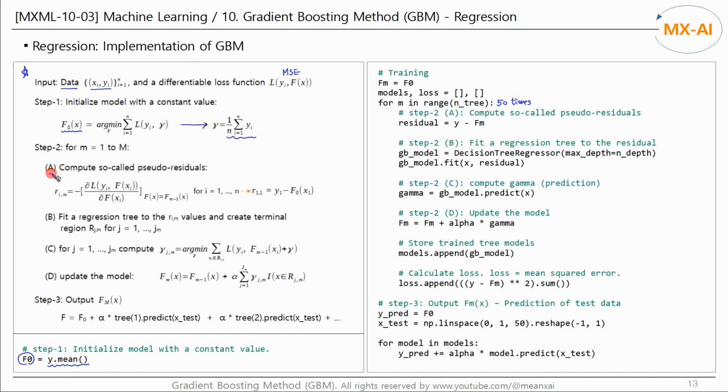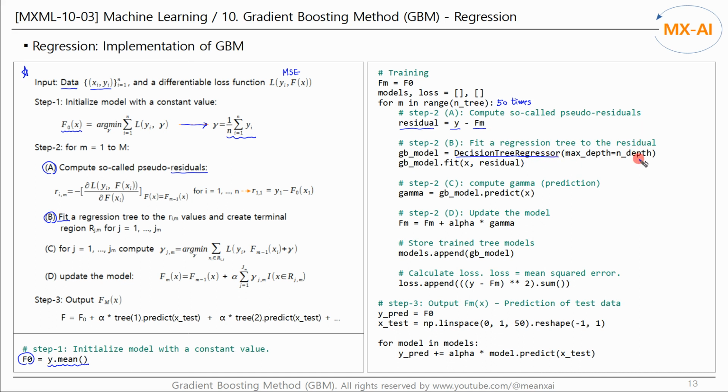Step A calculates the residuals for all data points. The residual is calculated as the difference between the actual y and the predicted y in the previous step. And in step B, create a tree and fit this tree to the residuals. Here we use decision tree regressor to create a tree model.